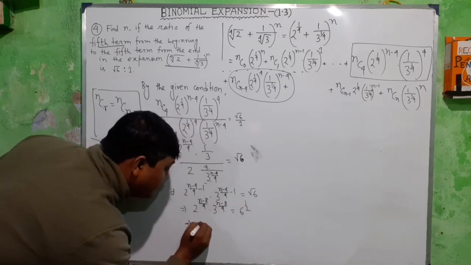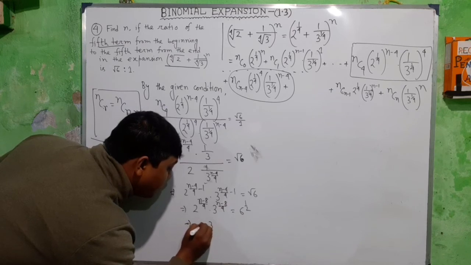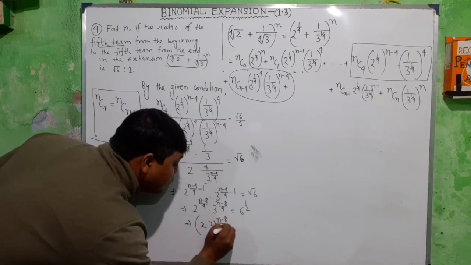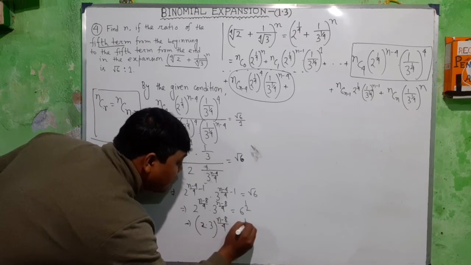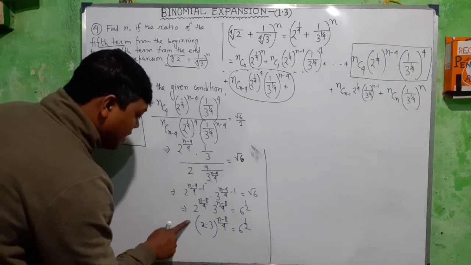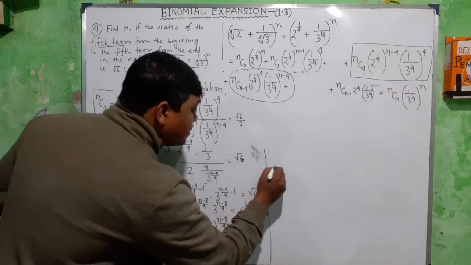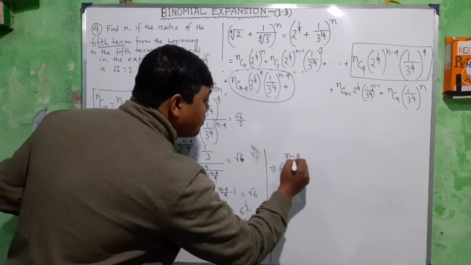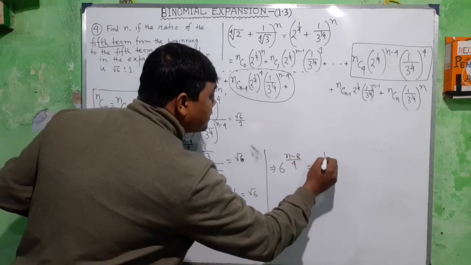So you can write 2 into 3, according to the indices rule, to the power (n minus 8) by 4, that gives 6 to the power half. So now we will get 6 to the power (n minus 8) by 4 equals 6 to the power half.